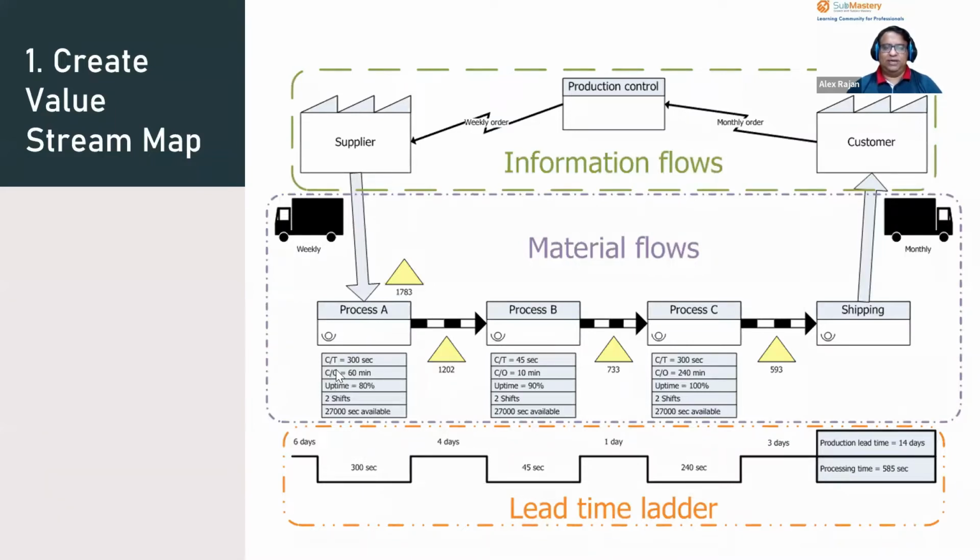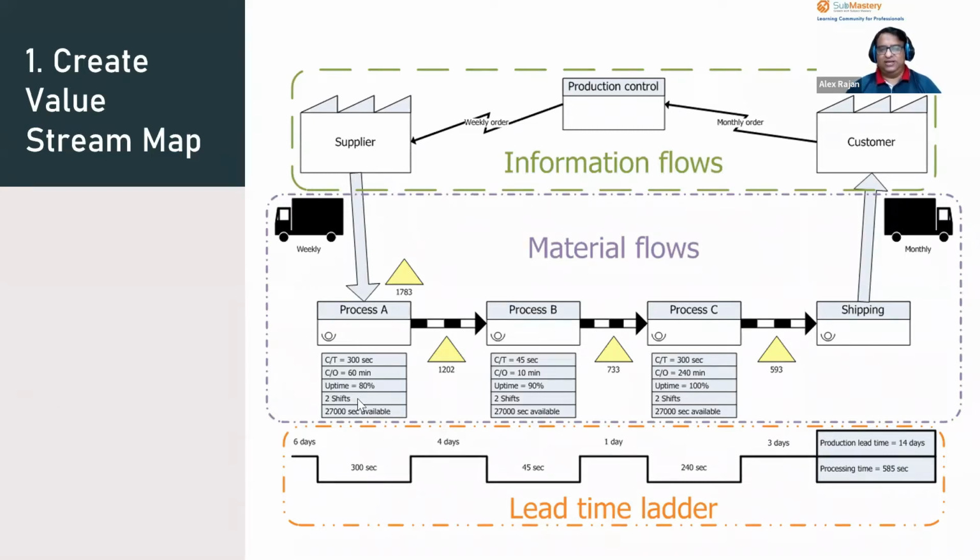Changeover is from a manufacturing perspective, from one batch to another batch, when the changeover needs to happen. The time taken for the machine to start the next batch is called the changeover time. Uptime is how much time the equipment is available for work. Here it is 80% of the time, and 20% of the time it is not available for work, so we say the uptime is 80%.